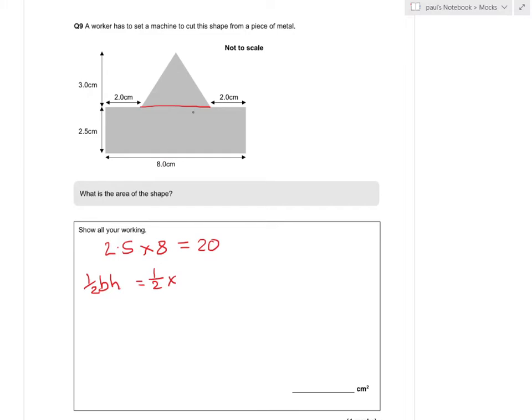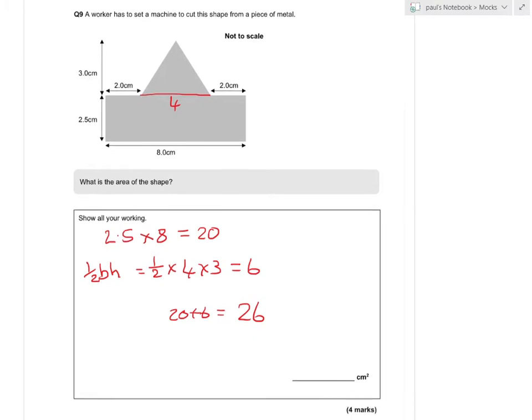Now if that's 8, that's 2, so this must be 4 times the height of the triangle is 3. So 3 fours are 12, and half of 12 equals 6. So 20 plus 6 equals 26 centimetres squared.